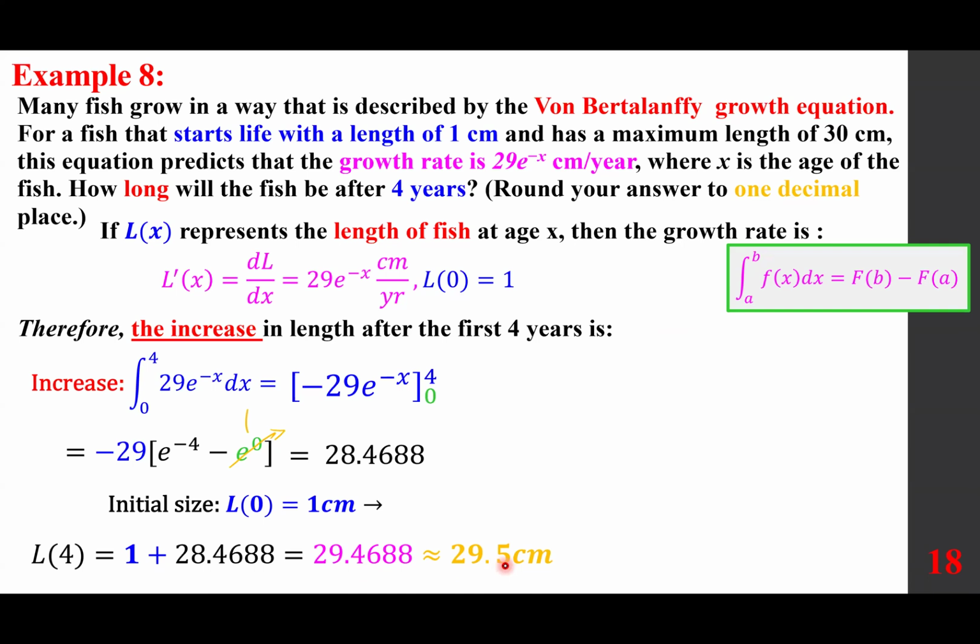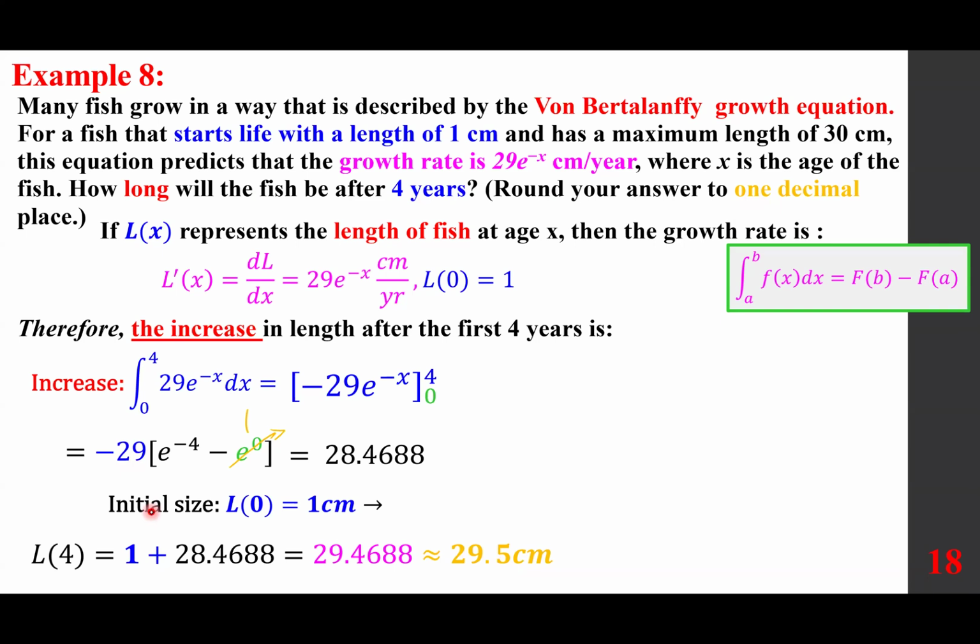What I want to show you is the second method quickly. This one is finding the amount of increase and then adding 1. Instead of that, if the question says, okay, how long will the fish be after 4 years, after 5 years, after, I don't know, 6 years, then you don't want to repeat this. Rather, you find the function L of x.